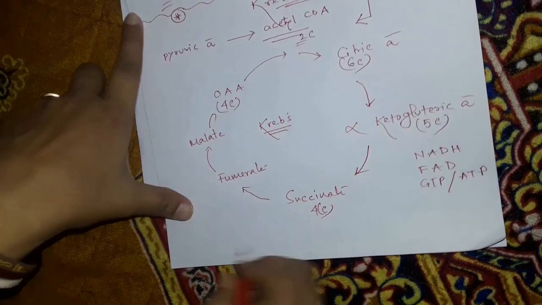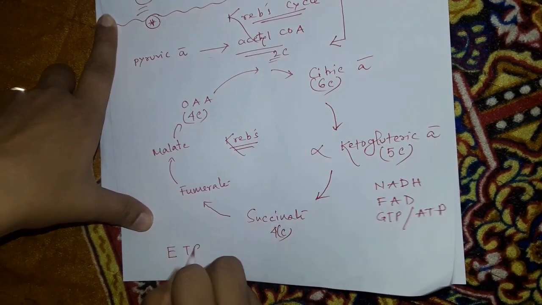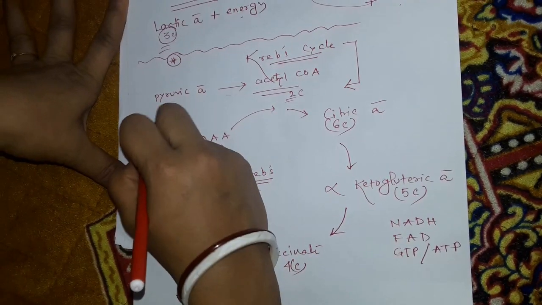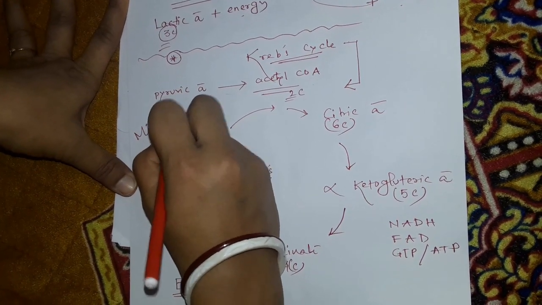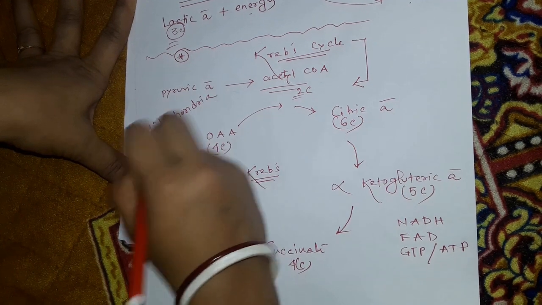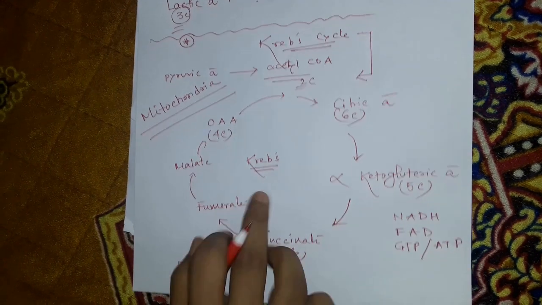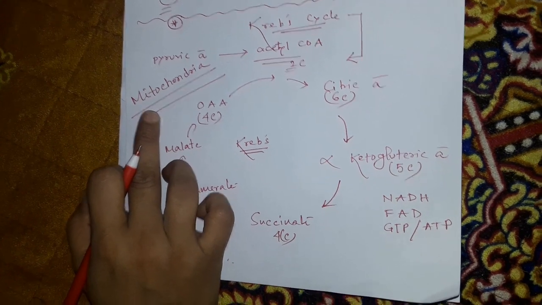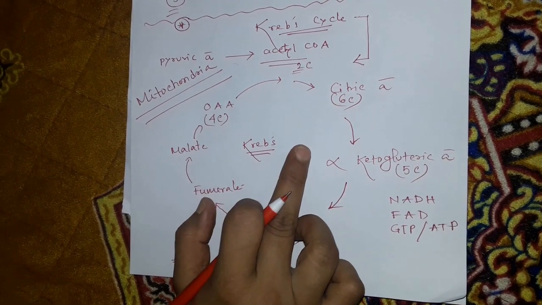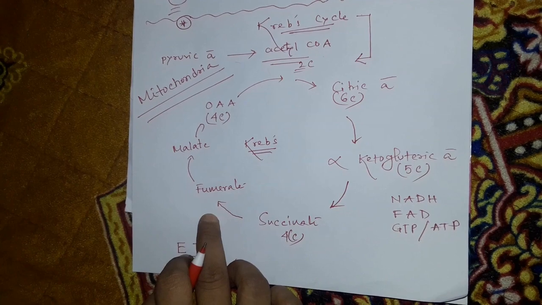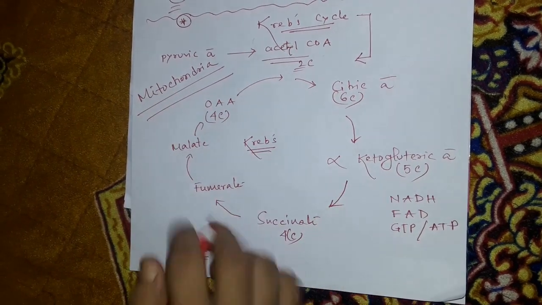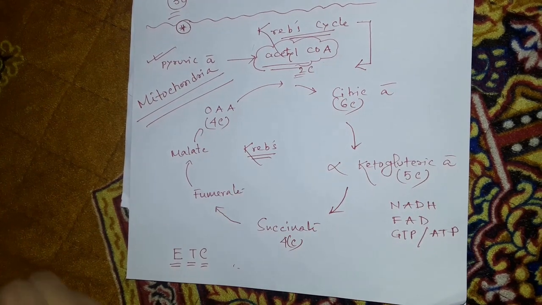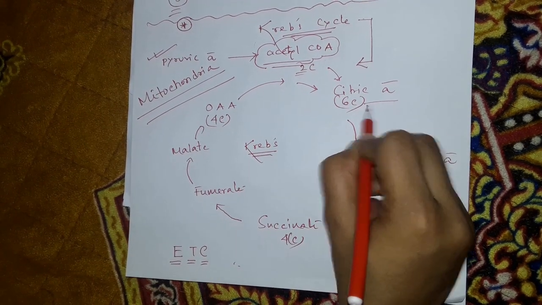Ultimately they will enter the ETC, the electron transport chain, in mitochondria. This entire thing happens in the mitochondria, so this is solely for the eukaryotic cell. In prokaryotes mitochondria are absent. In eukaryotic cells, it is performed in mitochondria. I am repeating what you need to remember. Pyruvic acid will form acetyl-CoA. It will form citric acid.